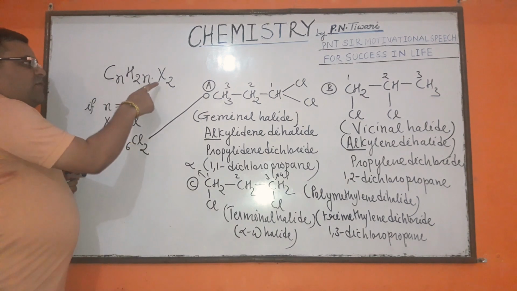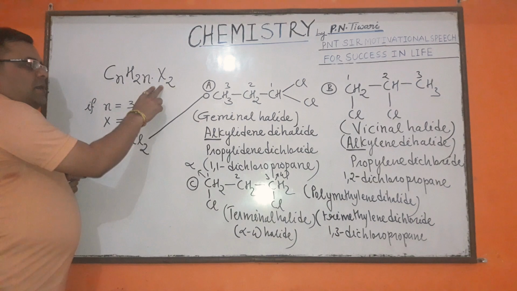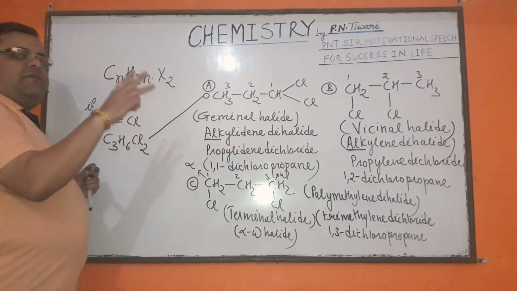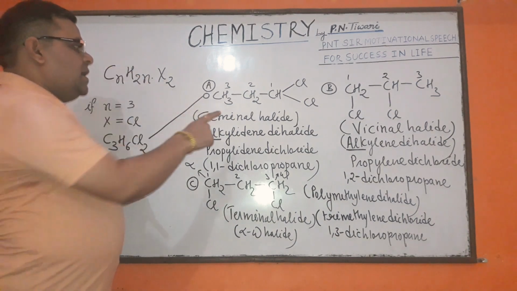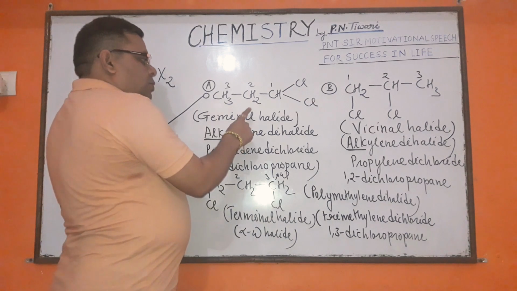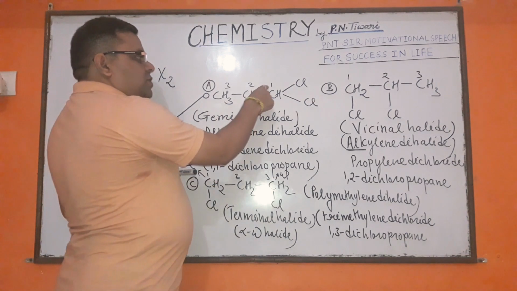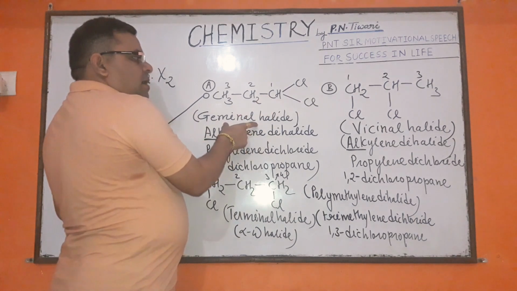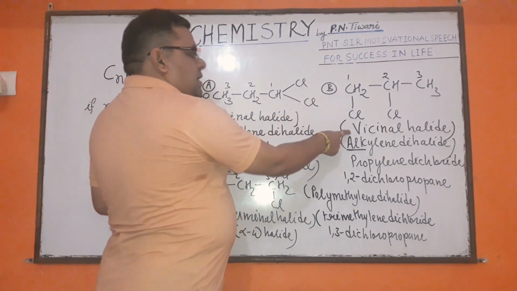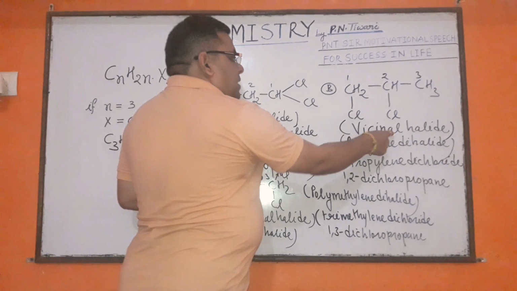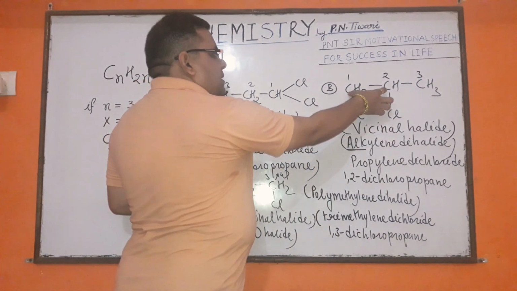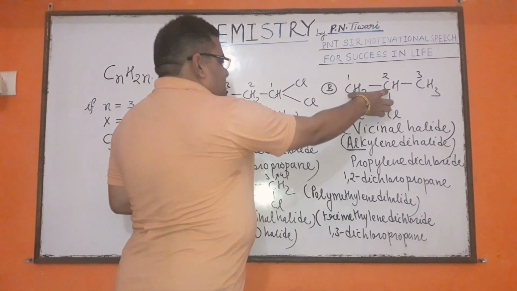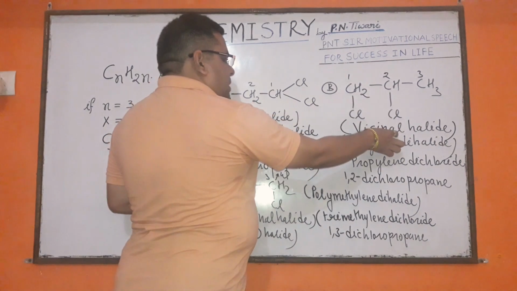So on the basis of position of two halogen element, dihalogen derivative can be further divided into 3 categories. Geminal halide, those dihalogen derivative in which both the halogen elements are connected with the same carbon are called geminal halide. And the second type of dihalogen derivatives are vicinal halide, in which both the halogen elements are connected to the two adjacent carbon elements.